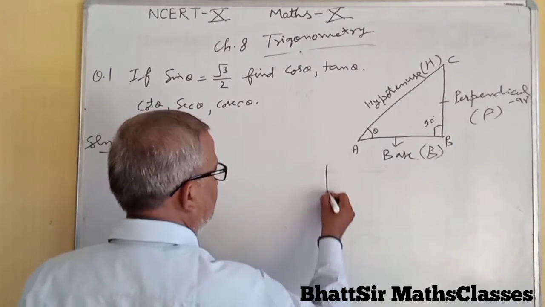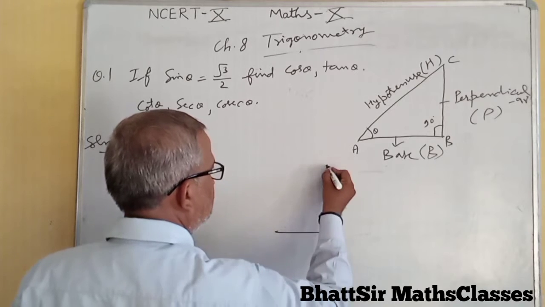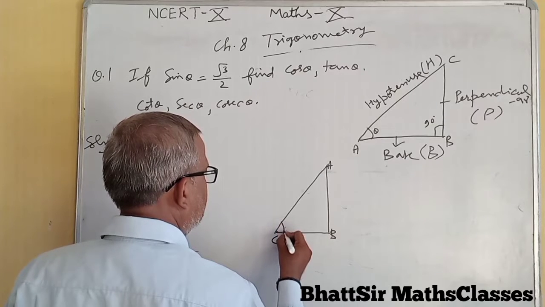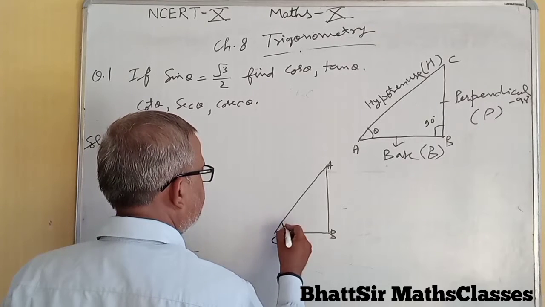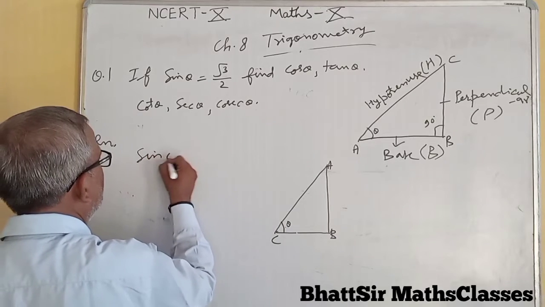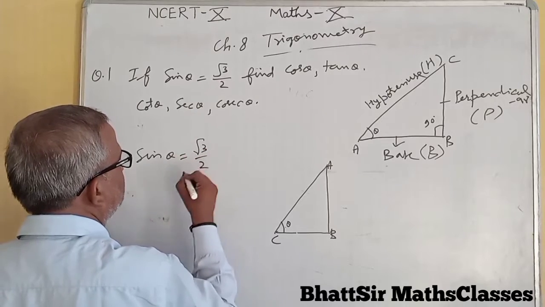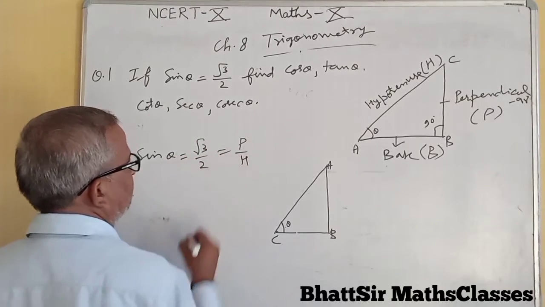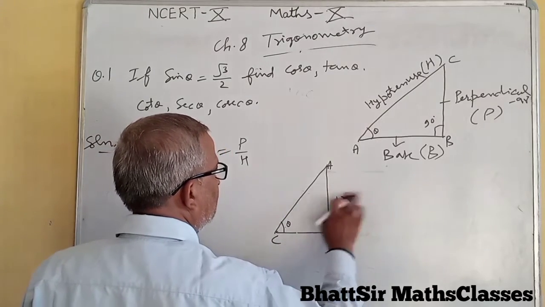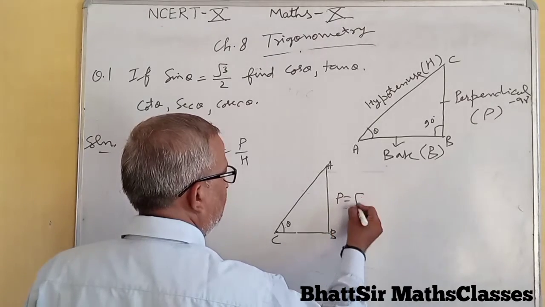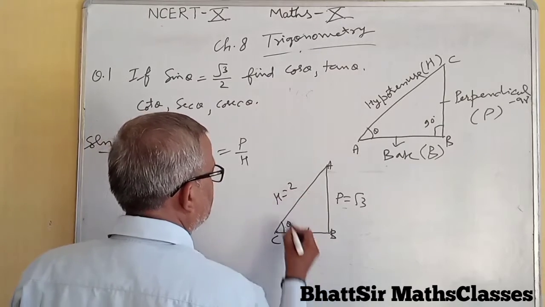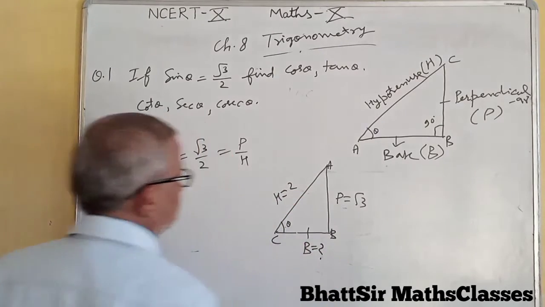First of all, you make a right angle triangle ABC. It is the theta. Sin theta is under root 3 by 2, which means perpendicular over hypotenuse. Perpendicular is under root 3, hypotenuse is 2, base is question mark.